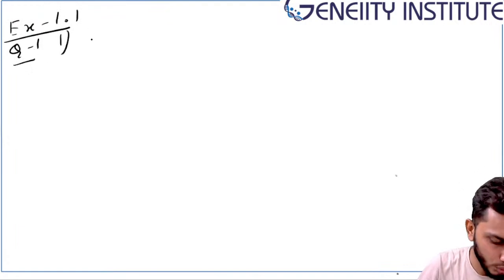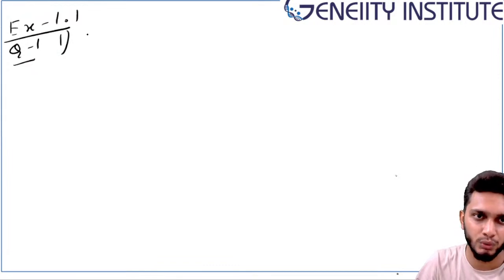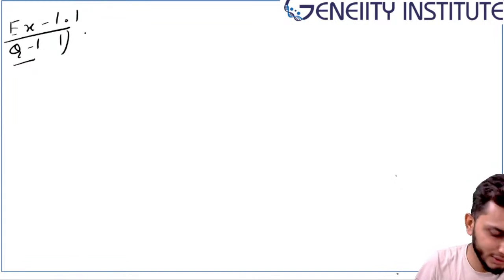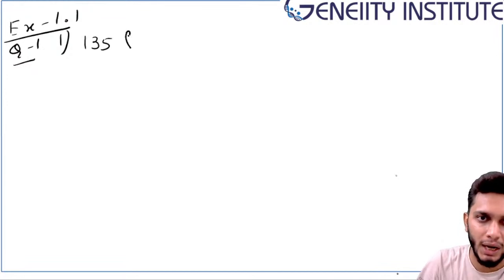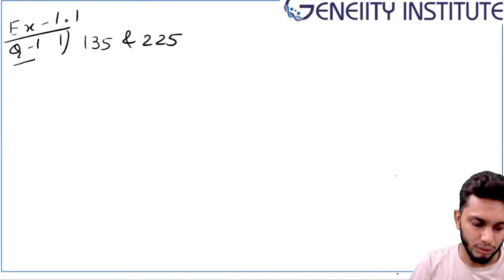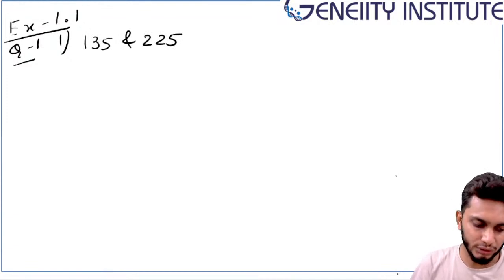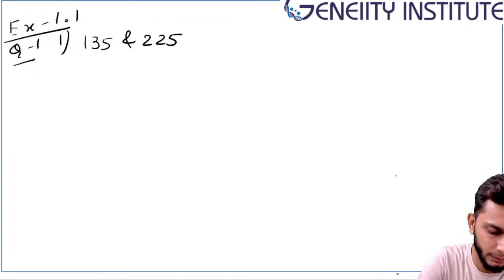Use Euclid's division algorithm to find the HCF of 135 and 225. We have this question in our textbook: find the HCF of these two numbers.